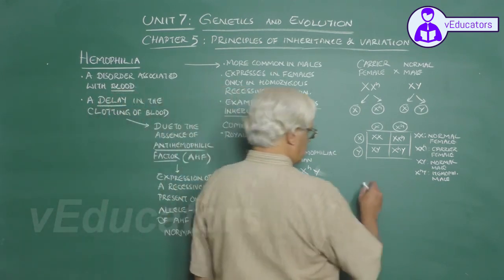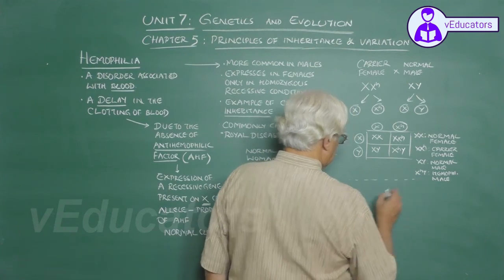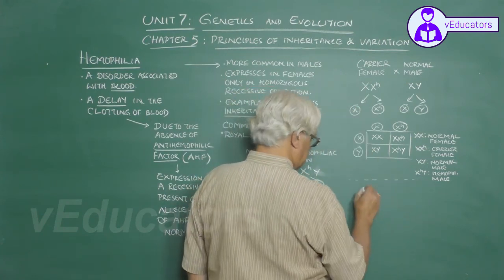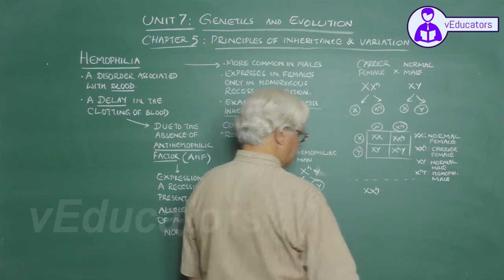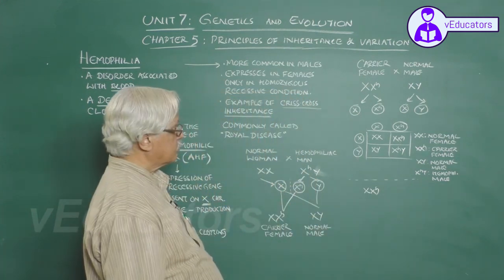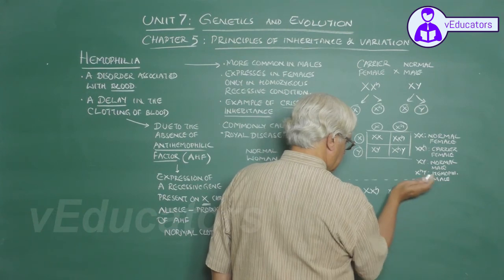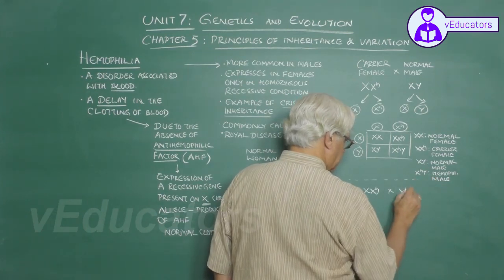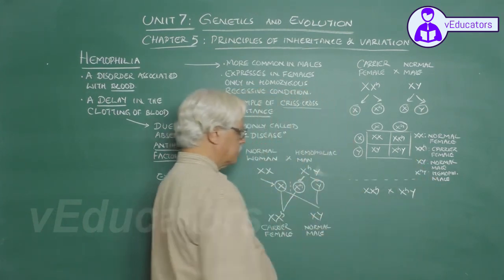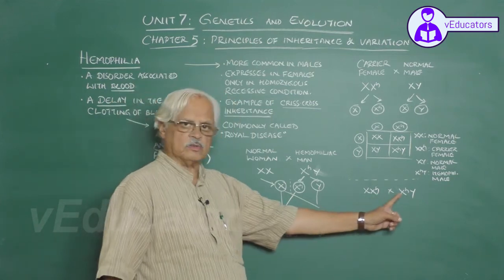Suppose this carrier female, XXH, marries a hemophiliac male, XHY.